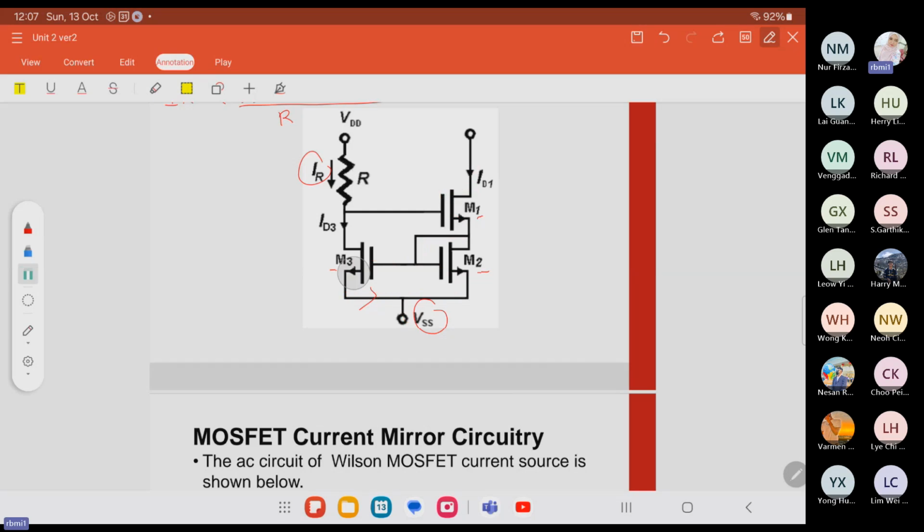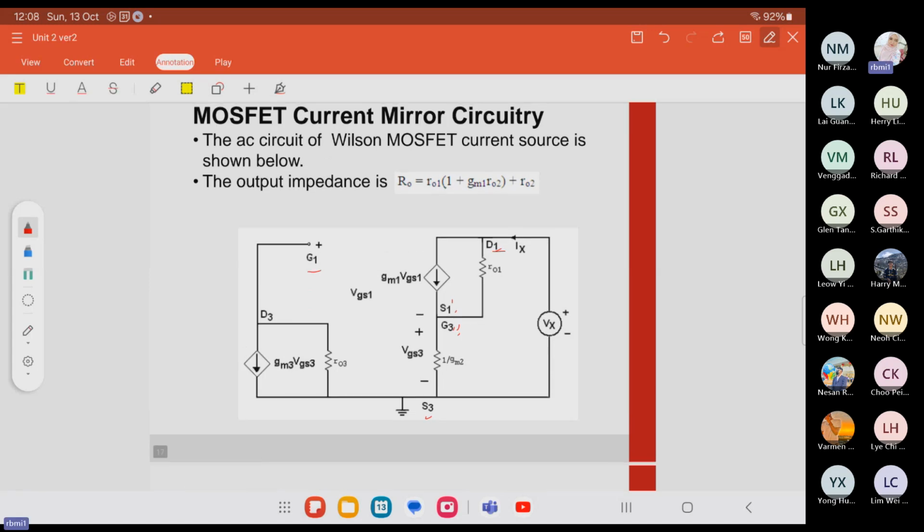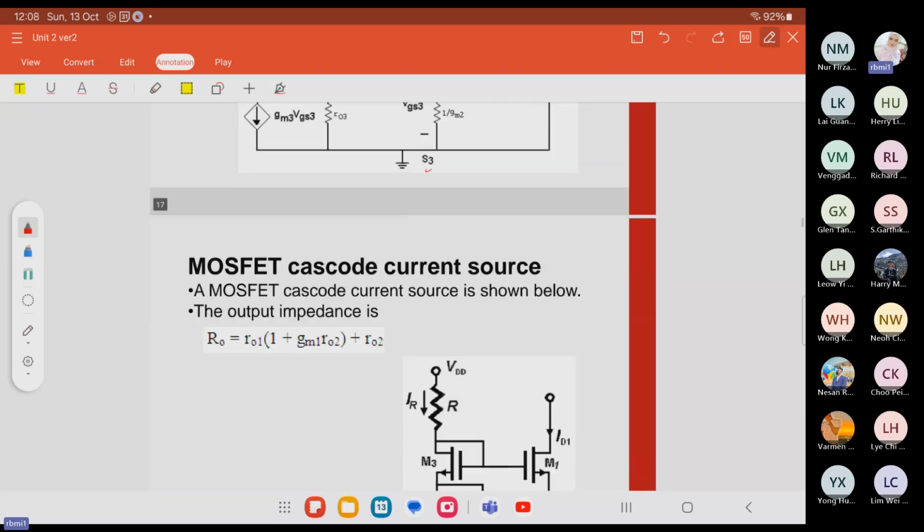Take into consideration that we have gates 1 and 3 only at nodes 1 and 3. This is the AC analysis small signal model for the MOSFET current mirror.